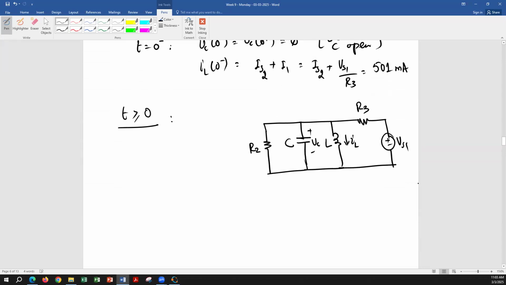Okay. From the circuit, what is the steady state value of the capacitor? Yes. Why is the capacitor removed?